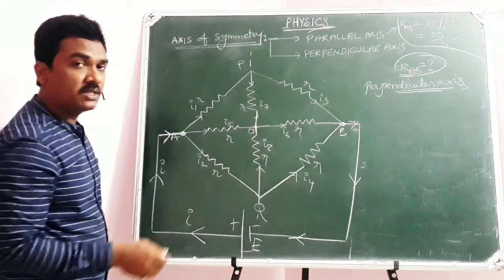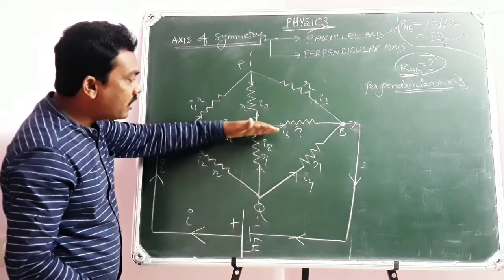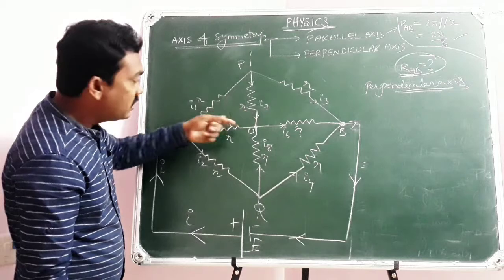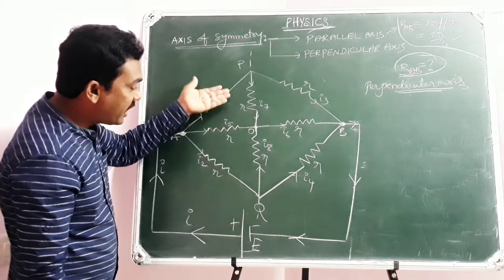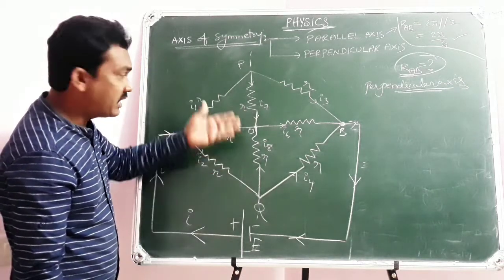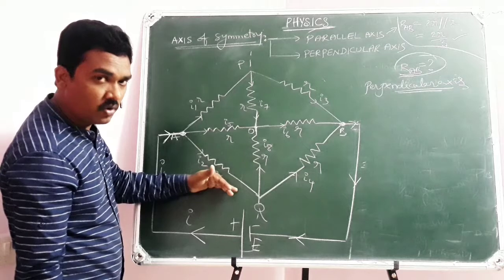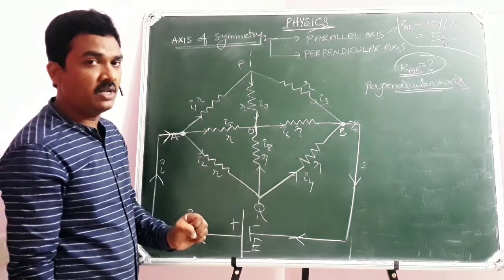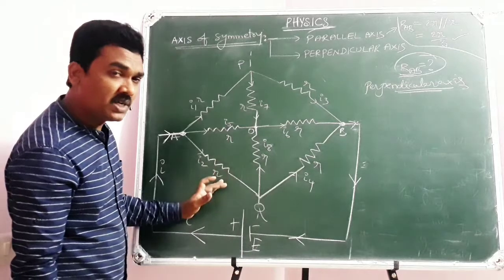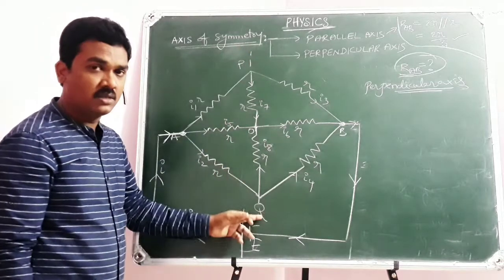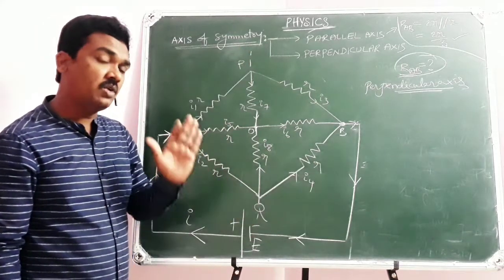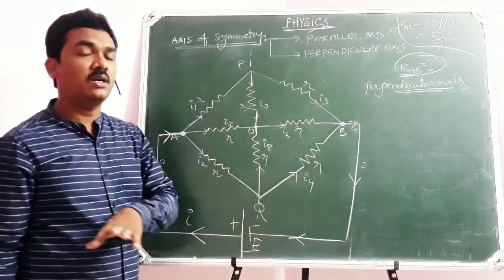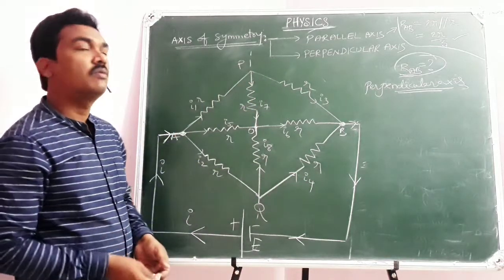So if you fold about a parallel axis of symmetry, not only does the circuit have a mirror image, even the directions of current have mirror images, because the directions of currents coincide when you fold. But in the perpendicular axis of symmetry, the circuit has a mirror image, no doubt, but the directions of current will not have mirror images.